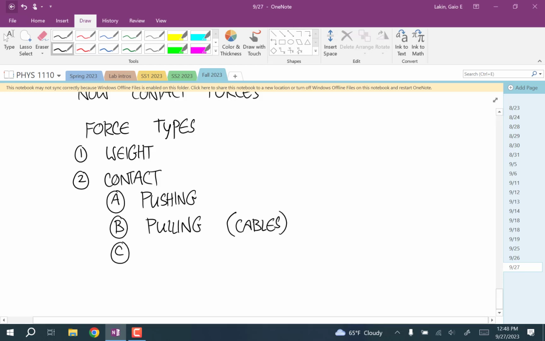And then the third one is friction. And friction is only going to happen when objects are sliding, when an object is sliding on another object.